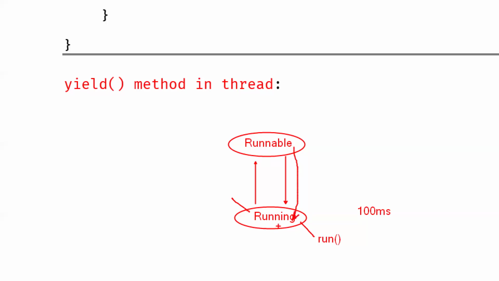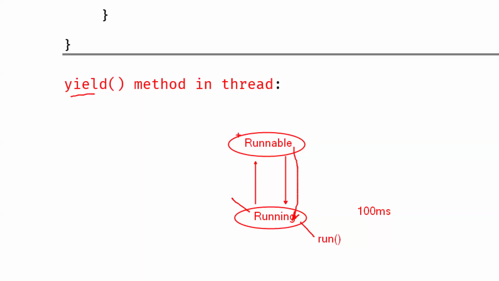So if a thread wants to yield by itself from the running state, which method is called? The yield method.